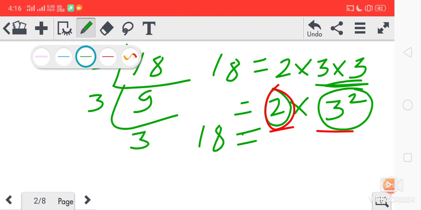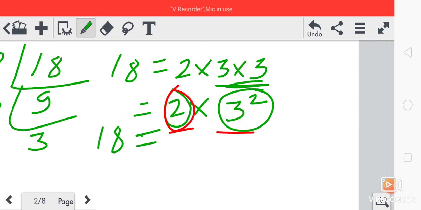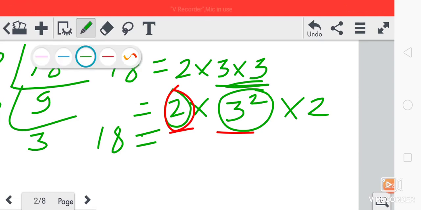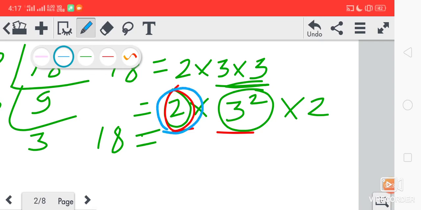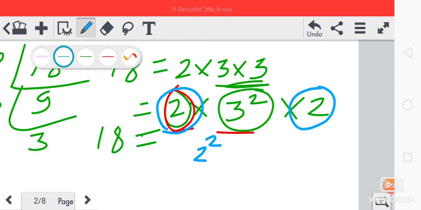Now look here, if we multiply one more 2, then what will happen? 2 into 2 becomes 2 square, and 3 square was already there.